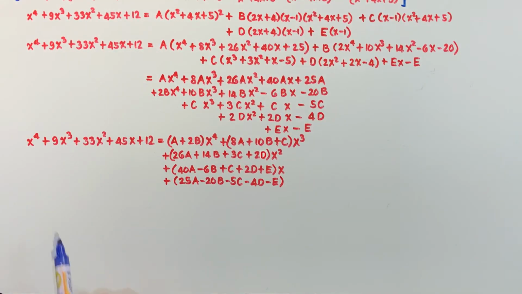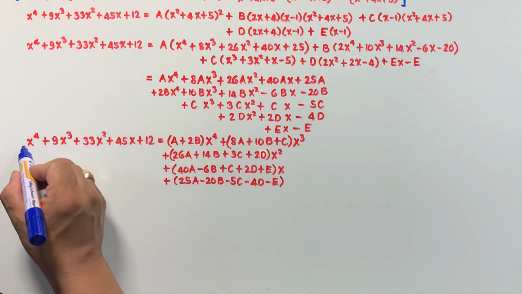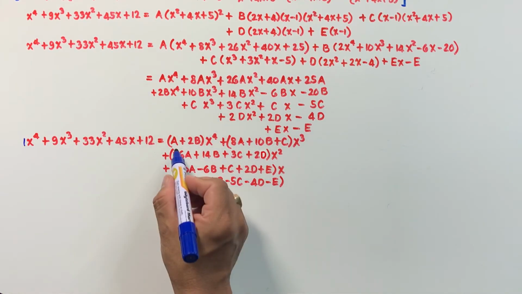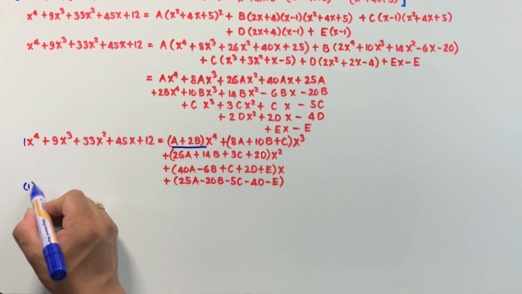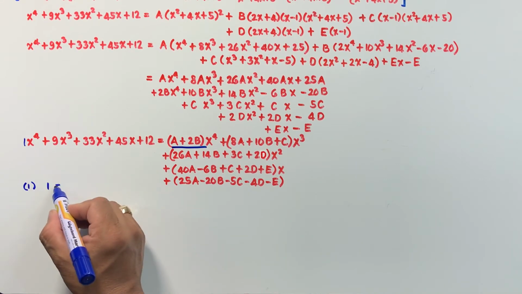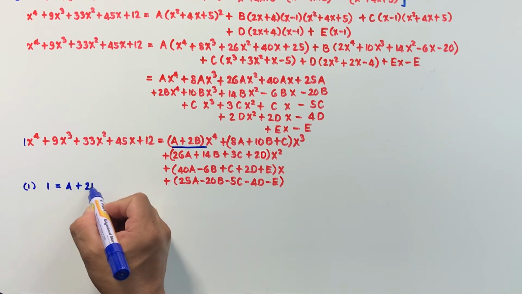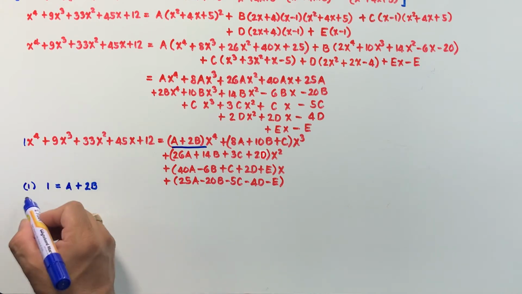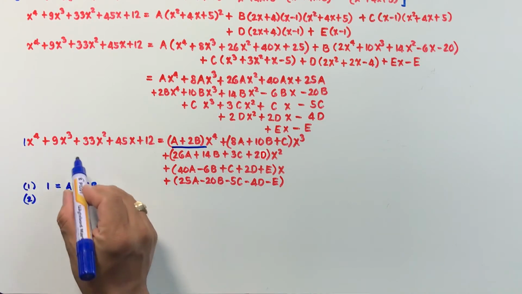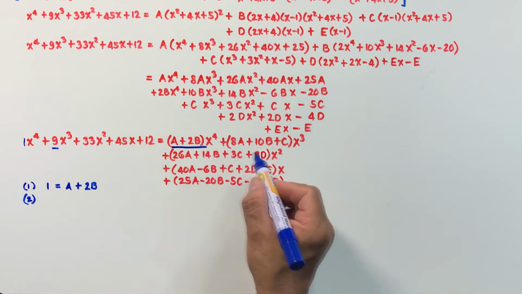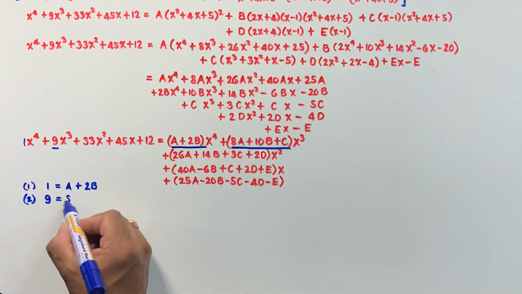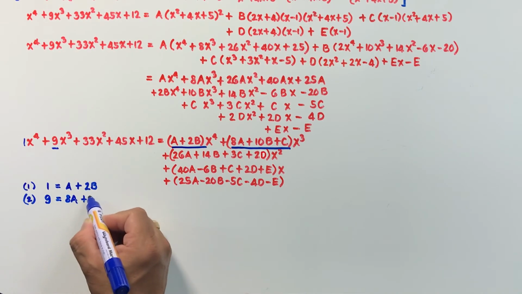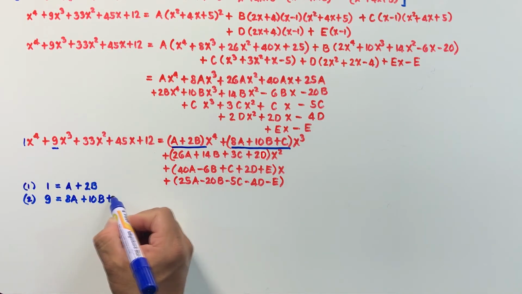So comparing the coefficients of the respective terms, the coefficients of x to the fourth are equal. So we have our equation 1, which is 1 equals a plus 2b. And also for the coefficients of x cubed, which is 9, should be equal to this one here. So 9 is equal to 8a plus 10b plus c.